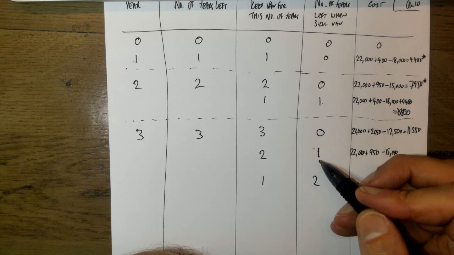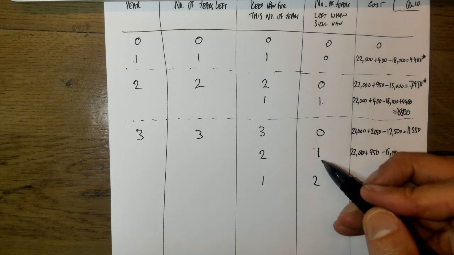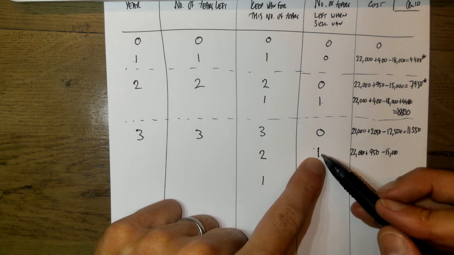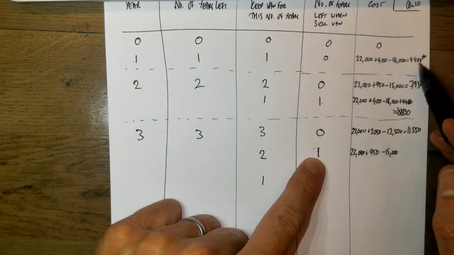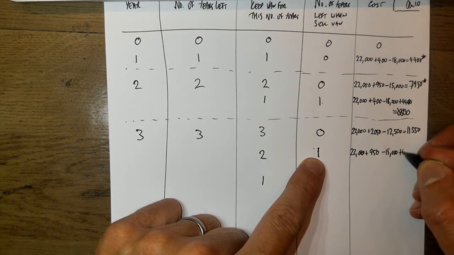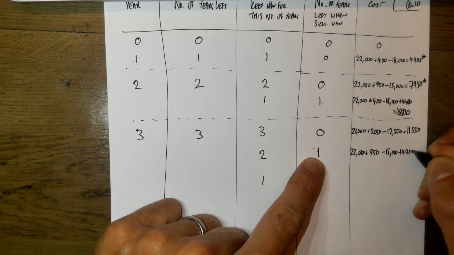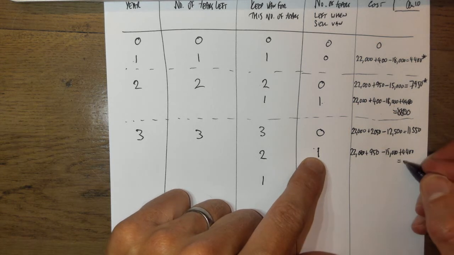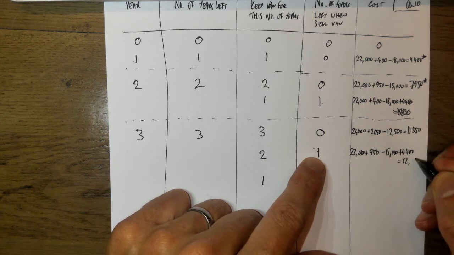But we have to go then to the loss if he decides to sell it with 1 year to go. So we go back to here. The loss was 4,400. So he's going to incur that cost as well. So that gives me a total of 12,350.